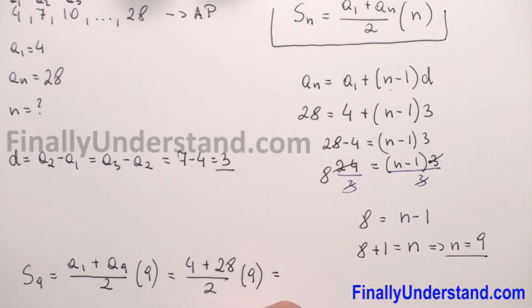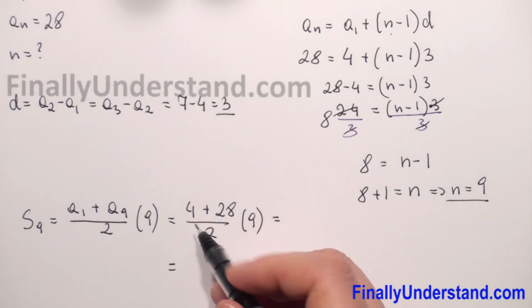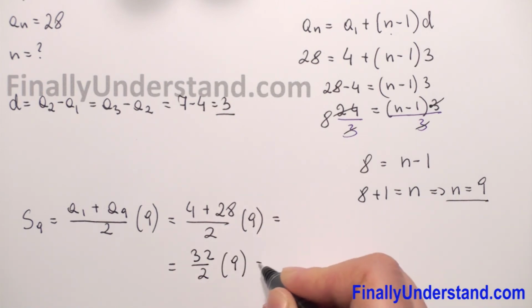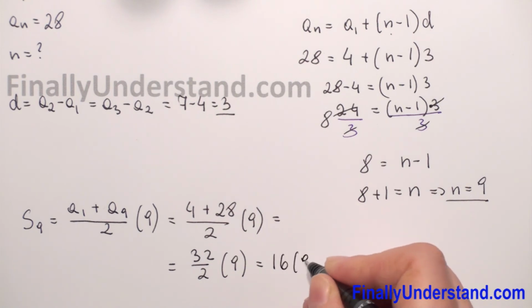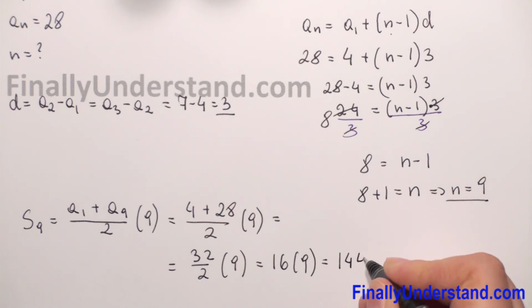So this is equal to 28 plus 4 is 32 over 2 times 9. So 32 divided by 2 is 16 times 9. So this is equal to 144.